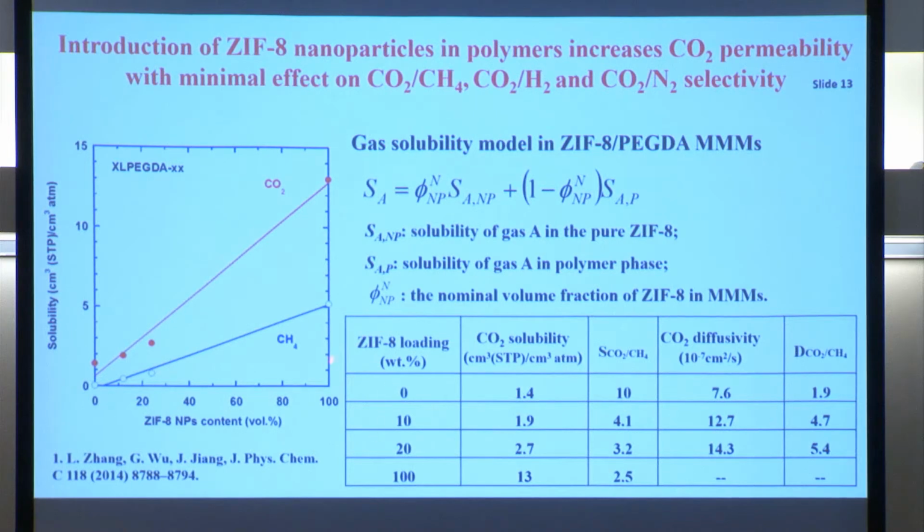But if 10% of ZIF-8 is loaded in the membrane, the solubility decreased, but the diffusivity is increased. So 4 multiplied by 4.7, the result is similar to the original. That means the selectivity of CO2 to methane is similar to the original.